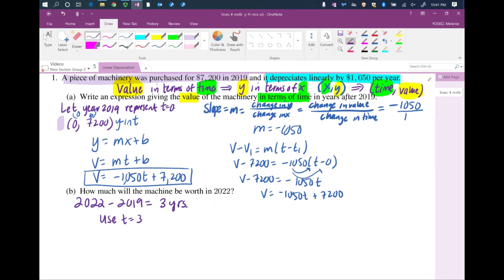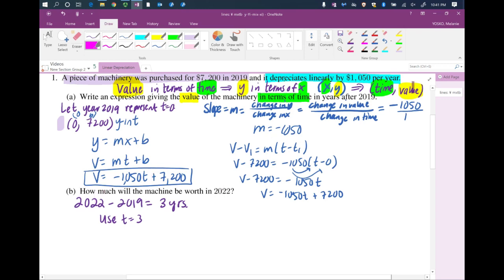Let's go back through this again. Remember, every time you're doing a word problem, especially if you're nervous, read it over and over again. How much will the machine be worth at a certain time? So do you see value and time? How much is value. We're looking for the output. They've given us the input. Does that make sense?